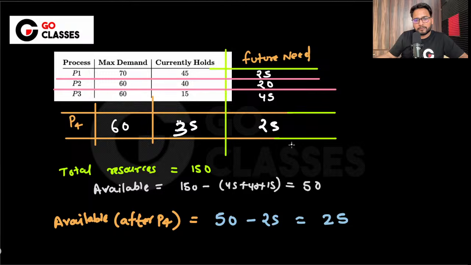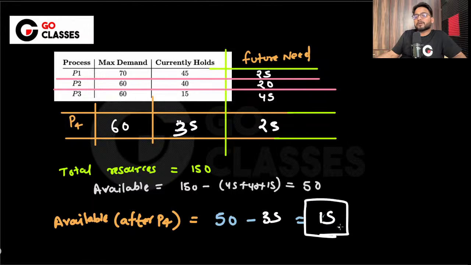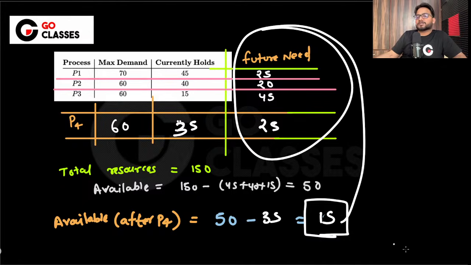Yeah, I think everything is fine, right? I was just cross checking if everything is fine. So now available will become how much? Since you are giving the 35, after giving 35, you will be having 15, right? Available will be 15. Now with this 15, can you satisfy the future needs?